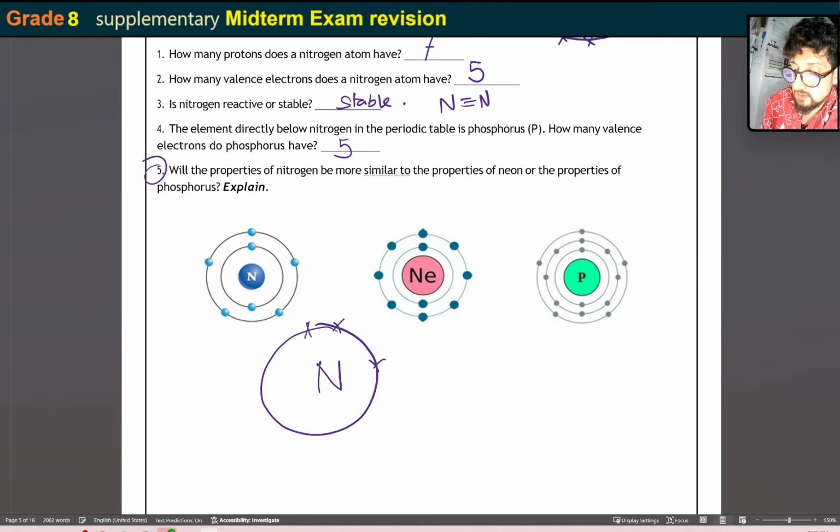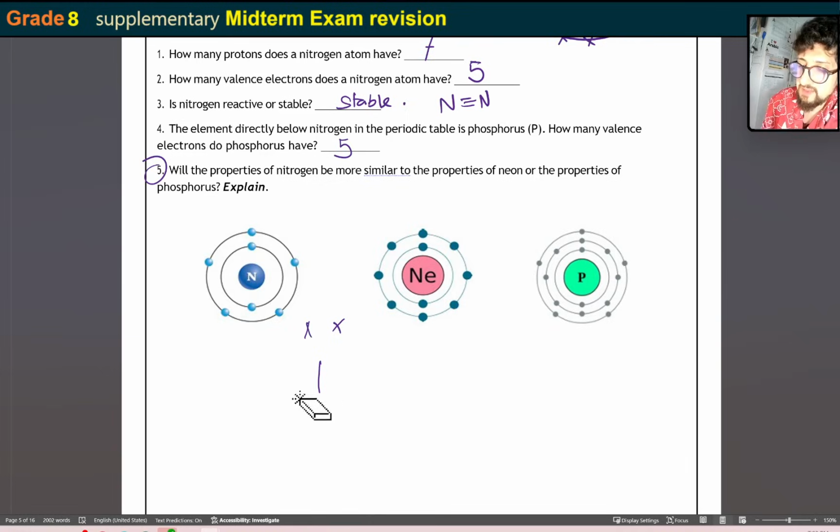It is going to need another 3 electrons in order to be stable. Now, if it's in group 5, it's going to be the same as phosphorus, which is right underneath it, and it also has 5 valence electrons, so it's going to have similar properties to phosphorus, right? Now we're talking about the element nitrogen.